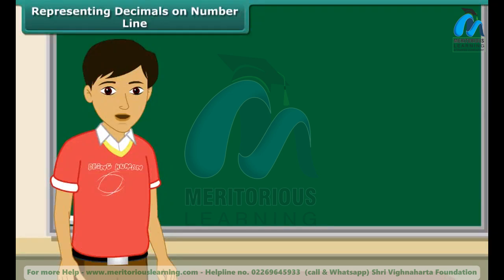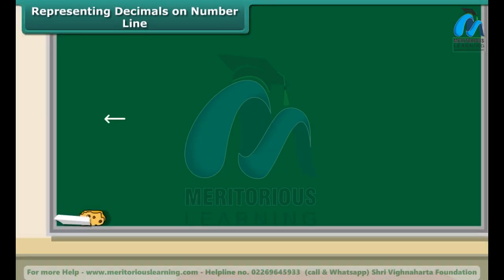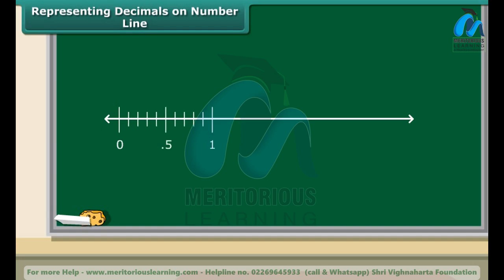Now we will learn to represent decimals on number line. We will learn this through an example of representing 0.6 on number line. First, draw a number line. Mark the 0 and 1 points on it. Divide the length between 0 and 1 into 10 equal parts.